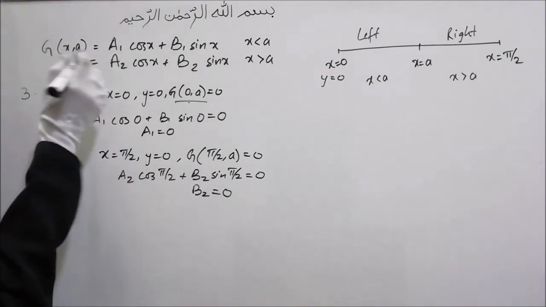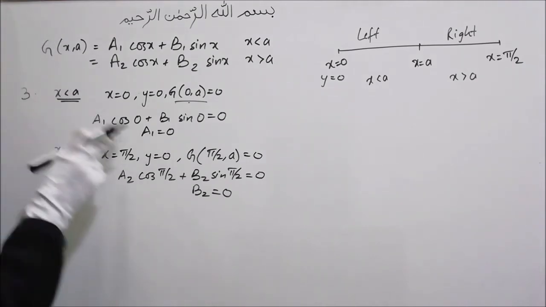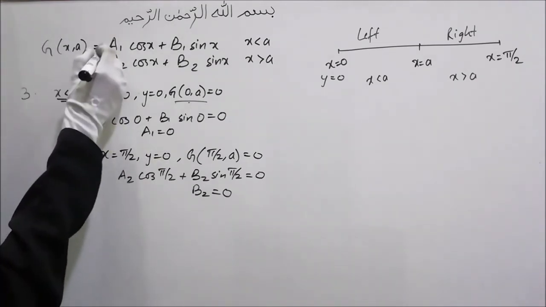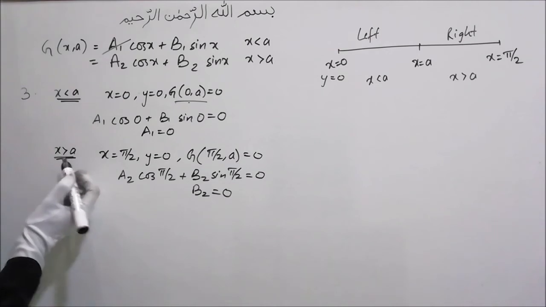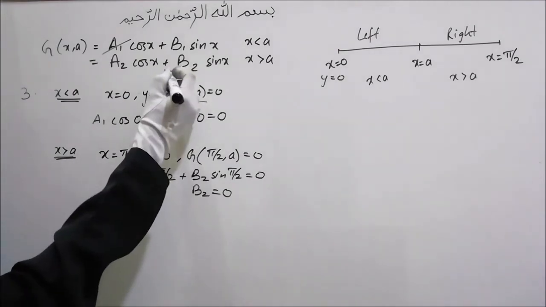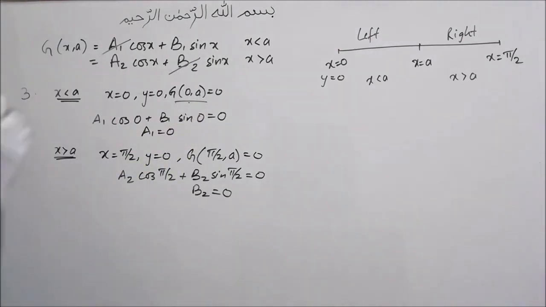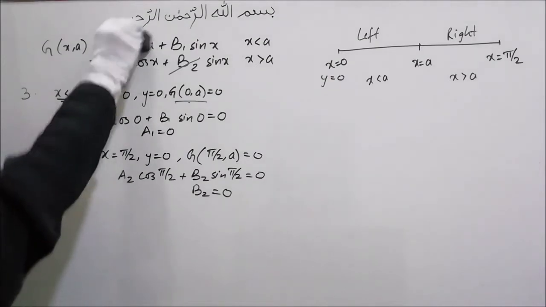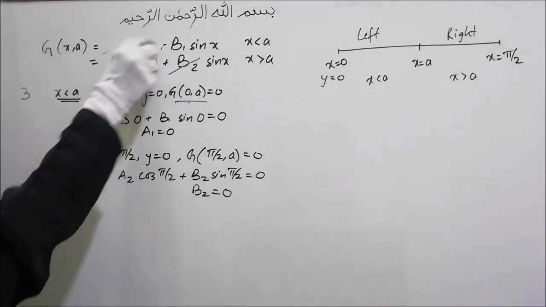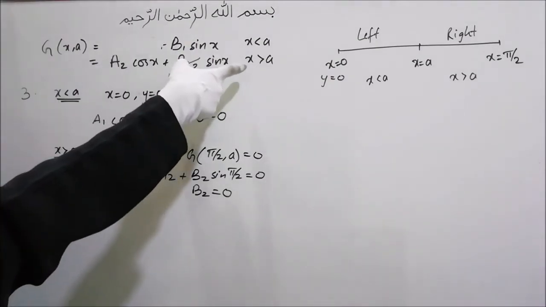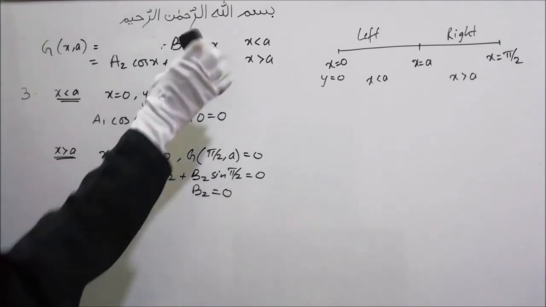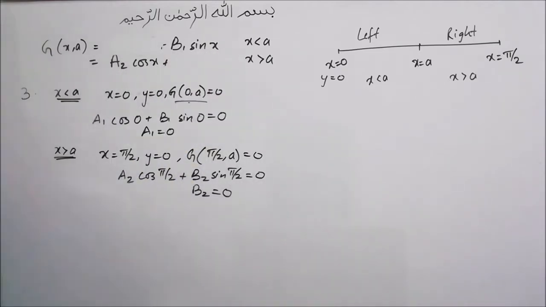So in this equation, we can see that a1 equals 0, so this term is 0, and for x greater than a, we are having b2 equals 0. So our equation will become b1 sin x for x less than a and only a2 cos x for x greater than a.